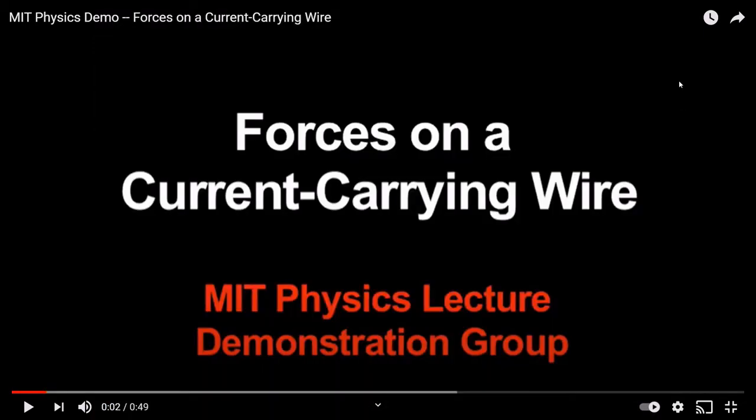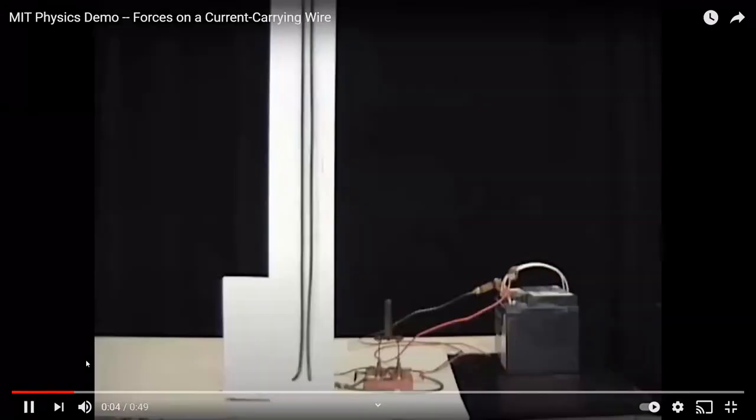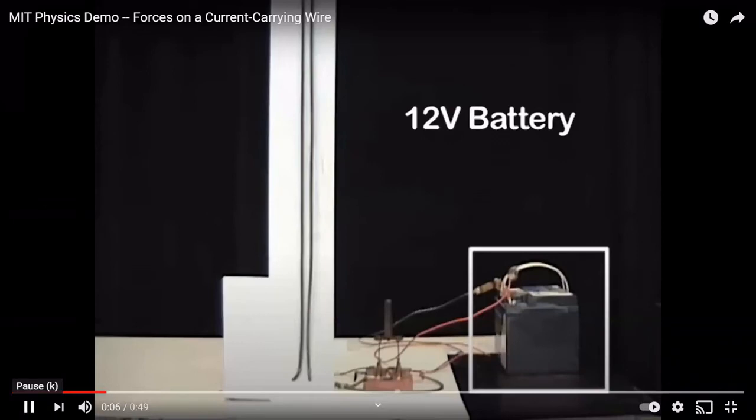So let's see if we can put this all together. And to do that, it would be easier to have a graphic here. Okay, here are two wires being suspended parallel to one another. This battery is going to pass current through both of them. Let's think this through.